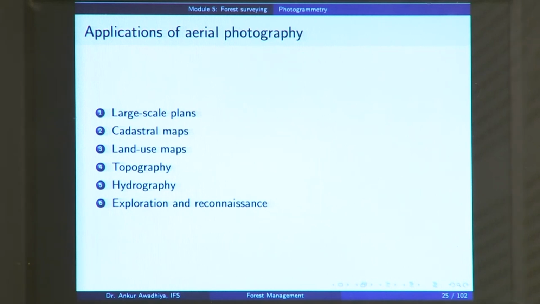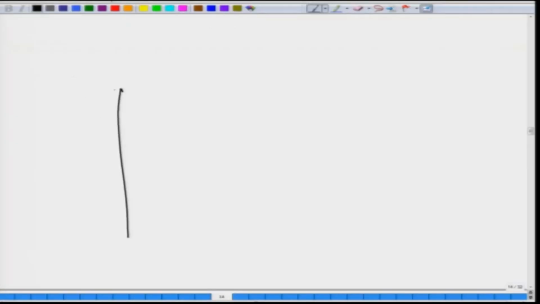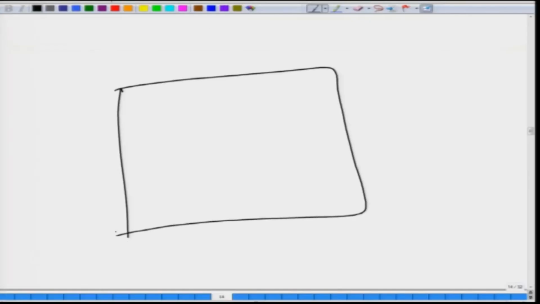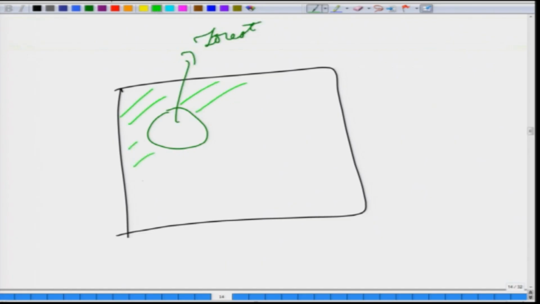So, a land use map is a map in which, say, you are constructing this map and you say that this area is a forest and this forest is surrounded by fields. So, this is an agricultural land use. Then you also have a water body here.